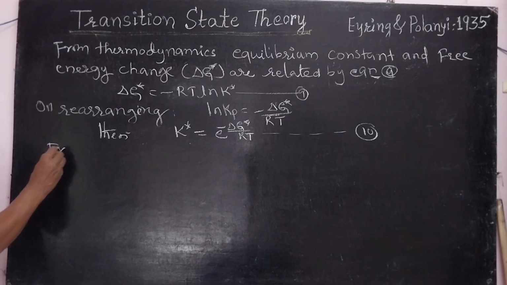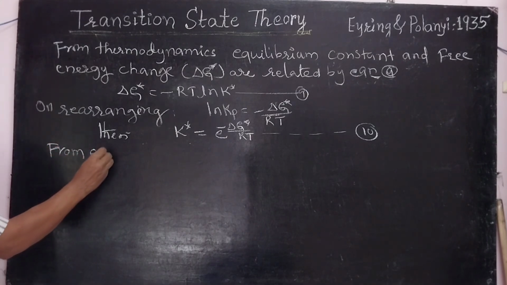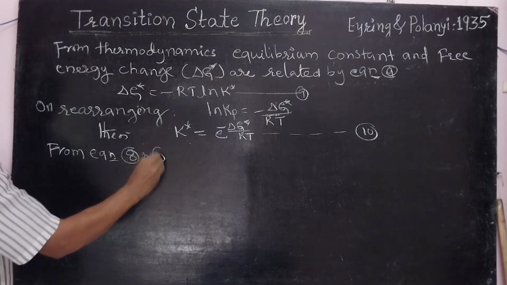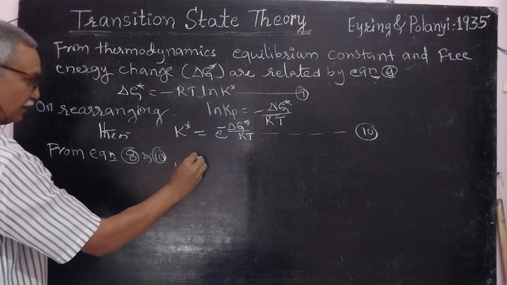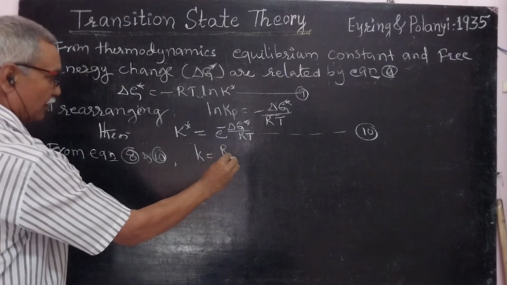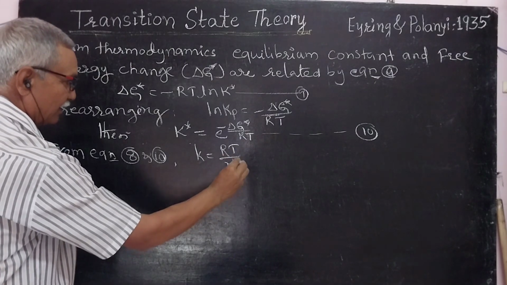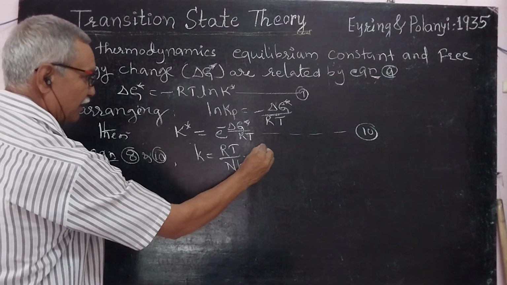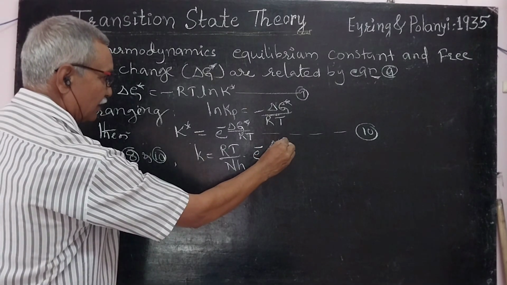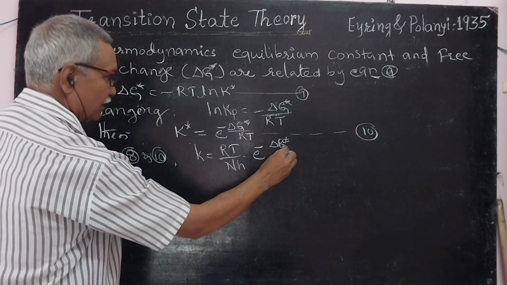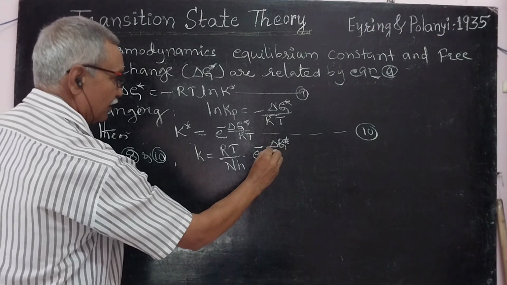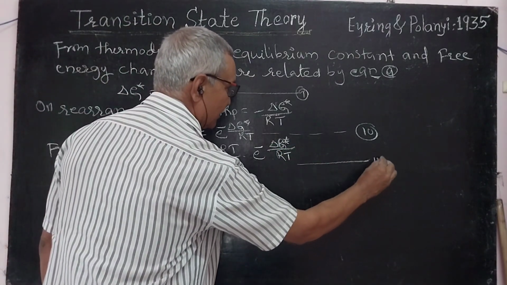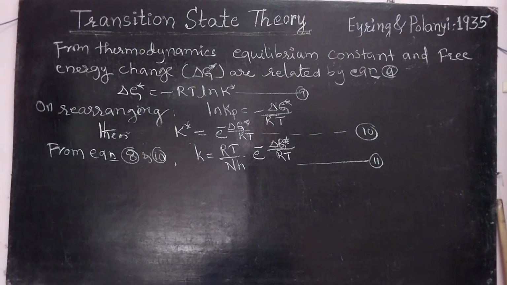From equations 8 and 10, we get k equal to RT divided by Nh into K star equal to e raised to minus delta G star divided by RT.